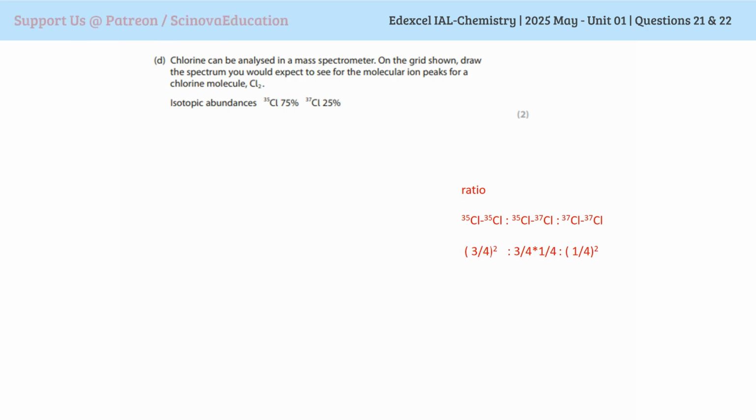Oh, in this expression, the 2 is missing in the middle part. However, we will apply that. I have used, instead of 75%, 3 divided by 4. So you can do some mental math and quickly do this.